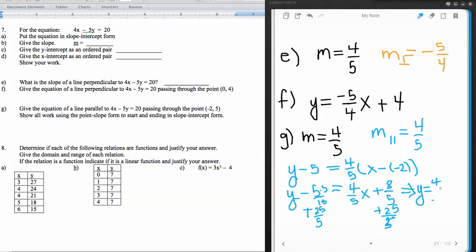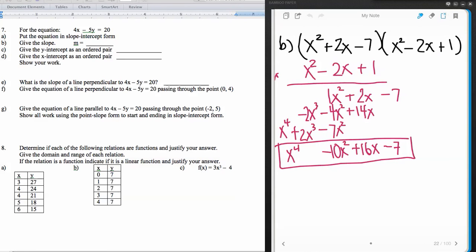So we have 4/5 x, and then plus 33/5. And that's perfectly acceptable to leave as the answer there. So now that I have my final answer, then I'm able to go ahead and move on to the next question.